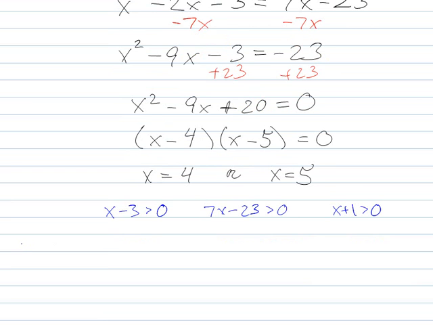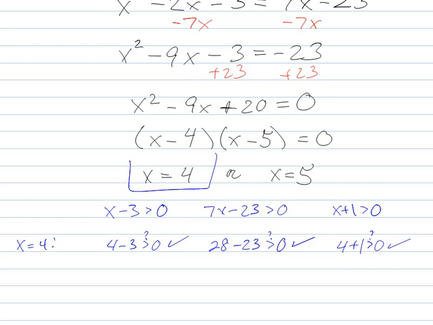So let's test x equals 4. Is 4 minus 3 greater than 0? Is 7 times 4 is 28 minus 3 is 23, is that greater than 0? Is 4 plus 1 greater than 0? Yes, so that's a great answer. What wonderful news. And this looks even better. Look at this. We're going to get to keep both these solutions.